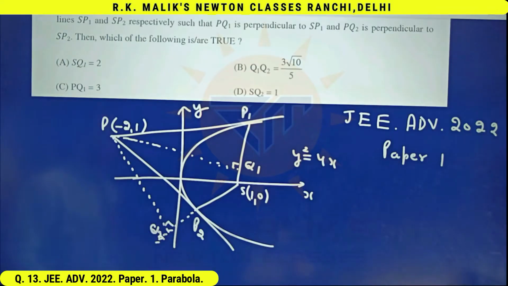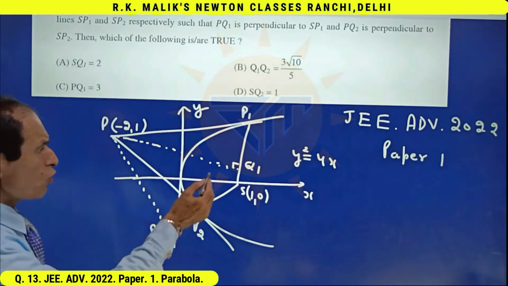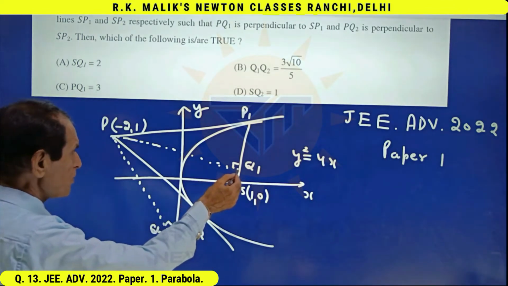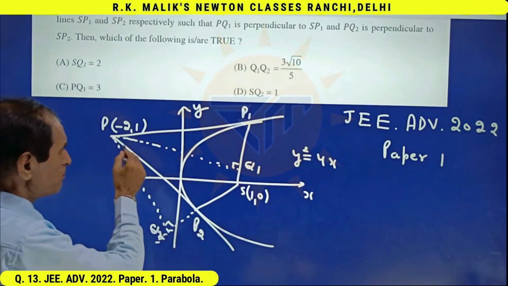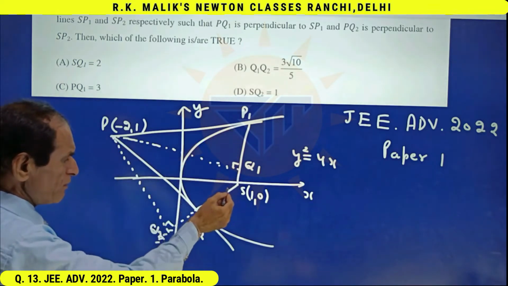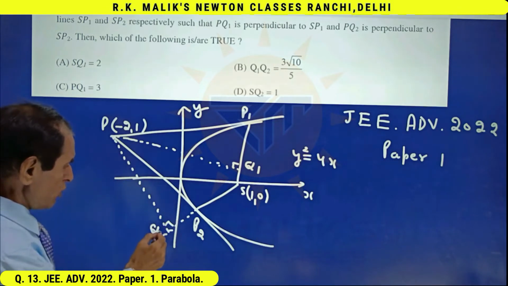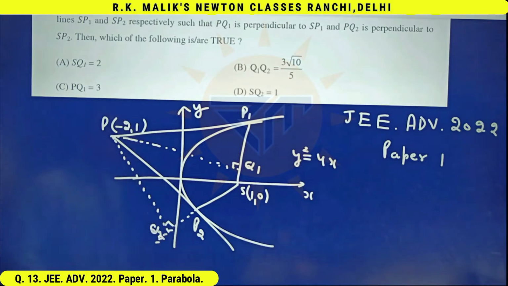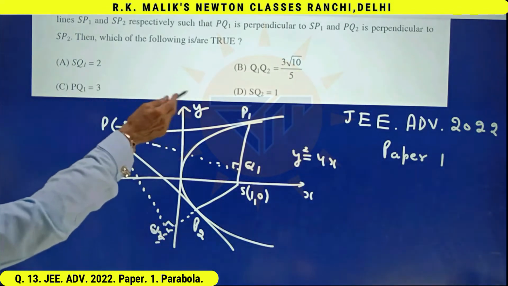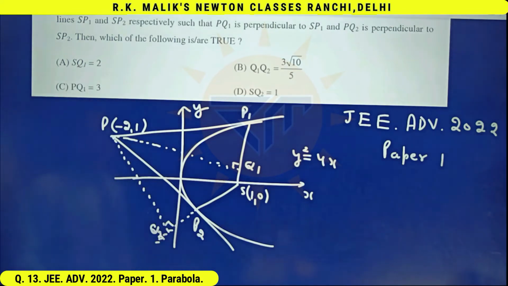It is absolutely not a difficult question, a straightforward question. Just find the coordinate of the foot of perpendicular from the point P to SP1. Similarly, find the coordinate of the point Q2, and after that we can find the correct choice very easily.